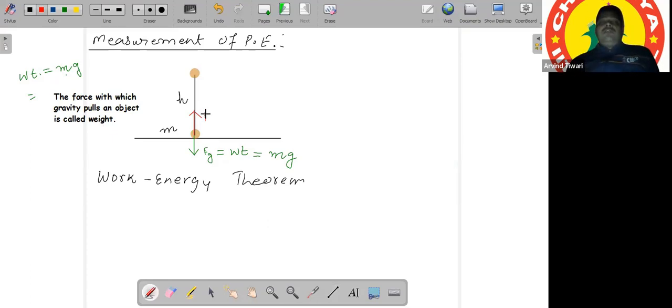So we need to apply a force equal to the force of gravity, so that no net force is acting on this mass.